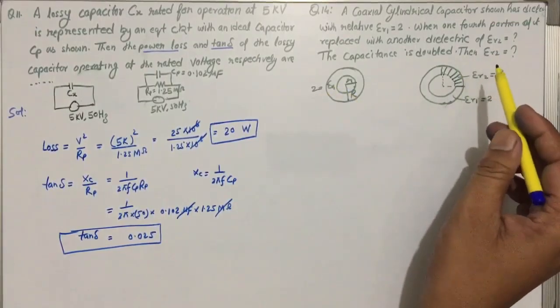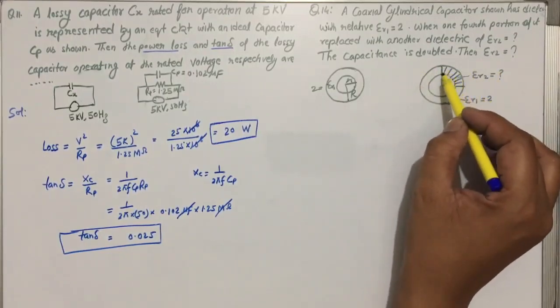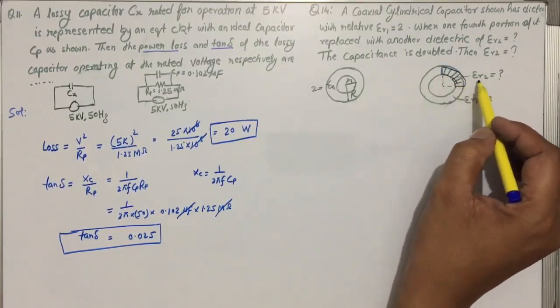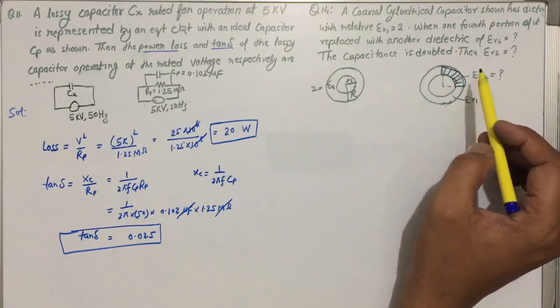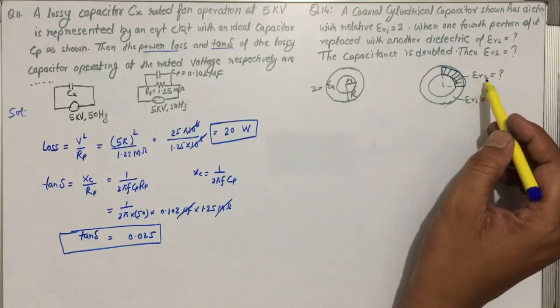When 1/4 portion of it, this portion, is replaced by epsilon R2, another dielectric material, we have to find the value of this dielectric material's permittivity.